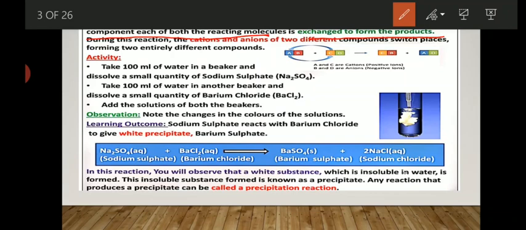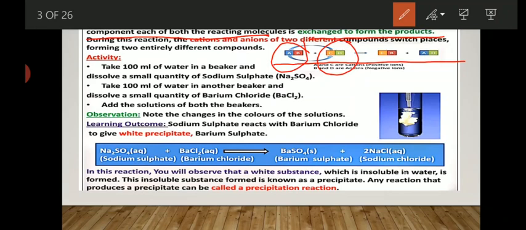During this reaction, the cations and anions of two different compounds switch places, forming two entirely different compounds. For example, suppose one compound is AB and another compound is CD.